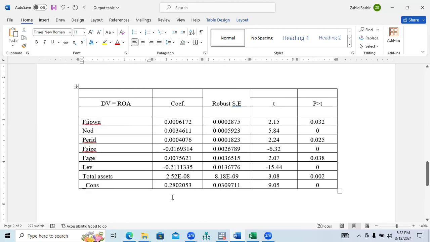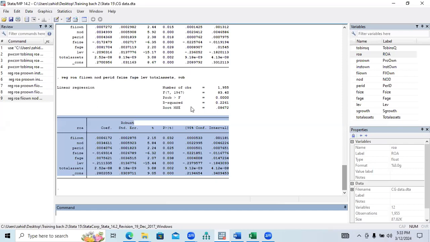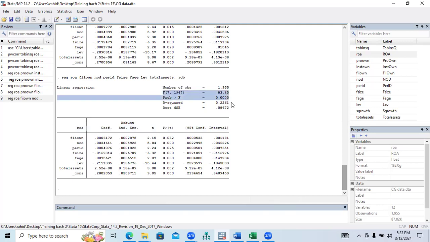Now one thing that you need to include, either on the bottom side or on the upper side, my suggestion is that you include on the bottom side some of the things that are here. The first thing is number of observation. The second thing is F value, probability greater than F value, and R square.